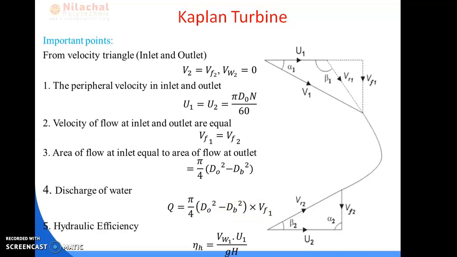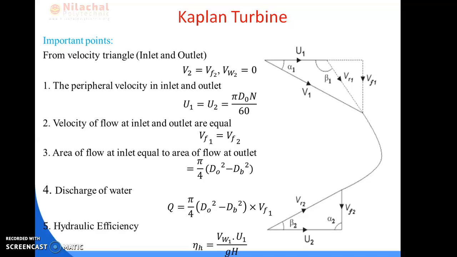Next, we have to find the work done per second by the water striking upon the blade. From the velocity triangle diagram, work done per second is equal to mass of water striking per second into (initial velocity minus final velocity).